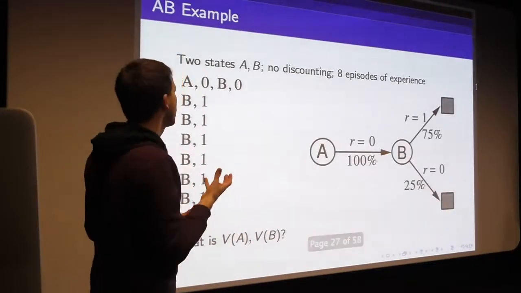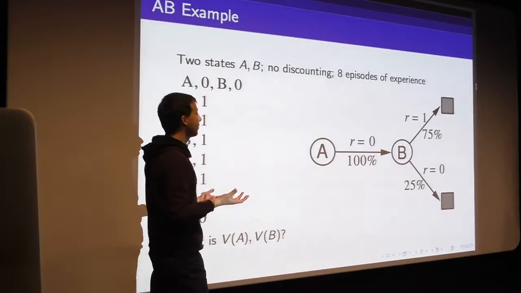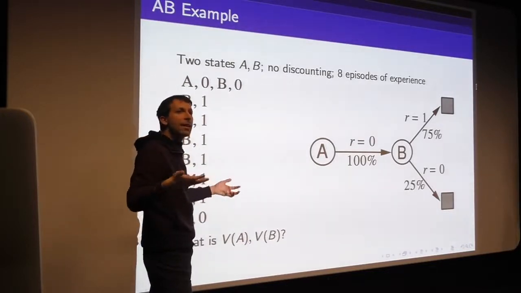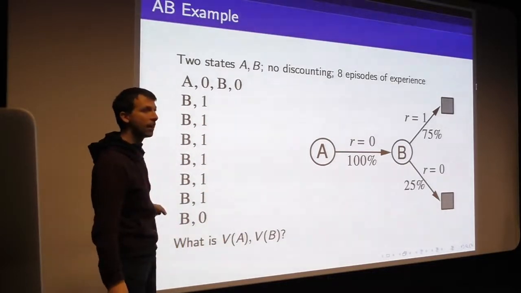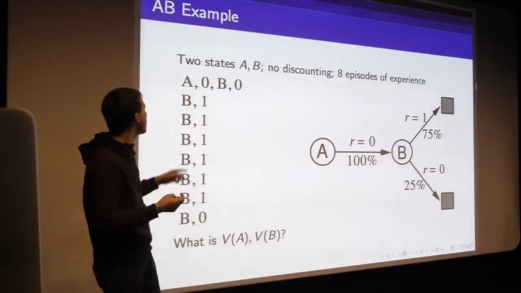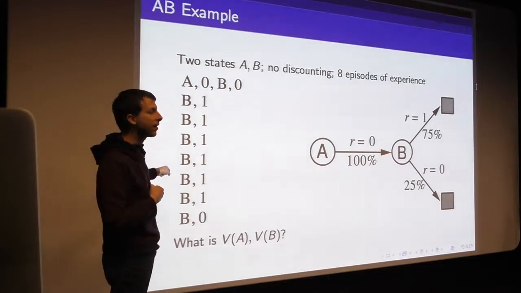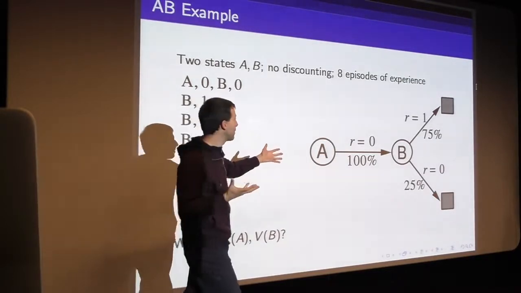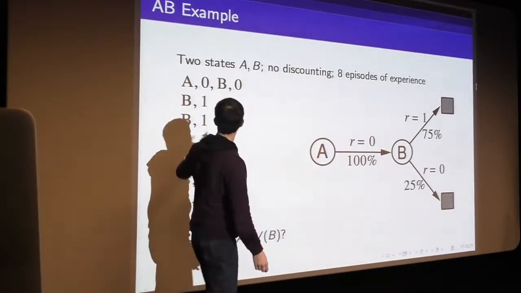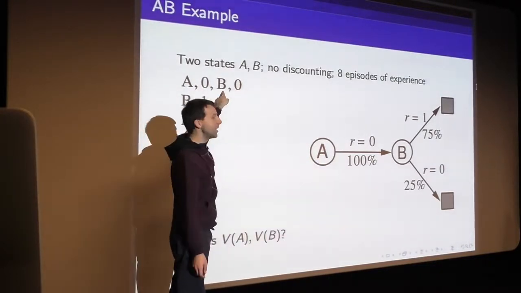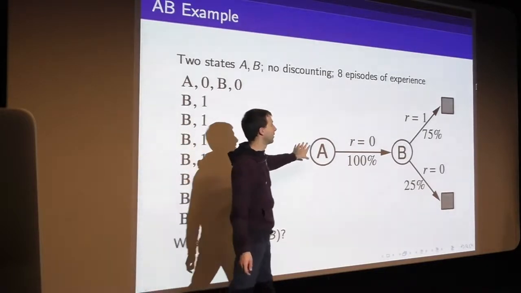Well, implicitly, what TD is doing is something like the following. Imagine that you were trying to build an MDP model that models what we've seen so far. If you were to build an MDP to try and explain this data, you would build an MDP model that looks like this. You start in A, and 100% of the transitions that we've seen where we started in A transition to B, and got 0 reward along the way.